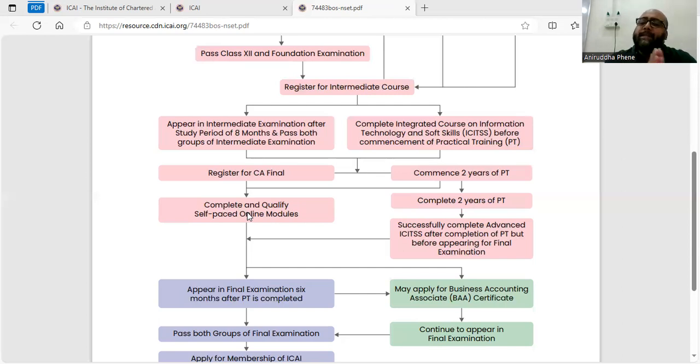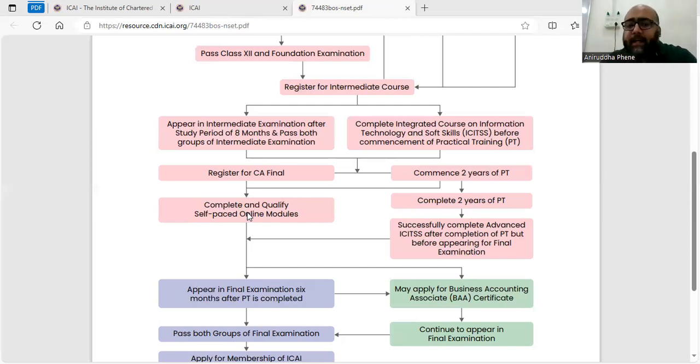They will be self-paced, so you can pass those exams through online mode at your own pace in those 2 years. After that, you can appear for CA final, subject to the soft skill and other training courses that are required for your eligibility. And then you can appear for the final exam.